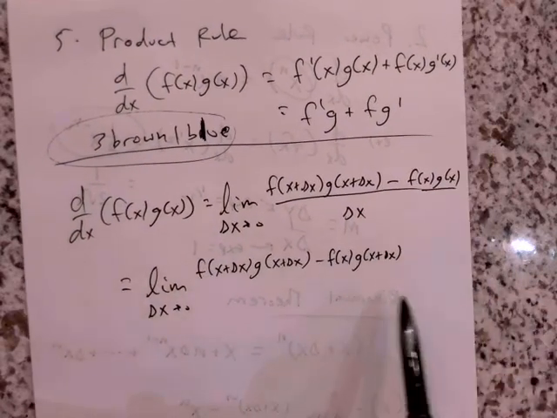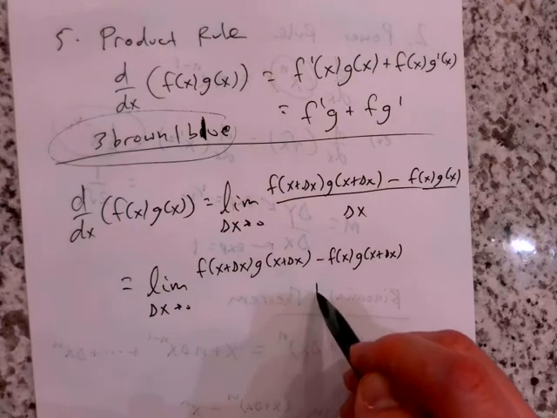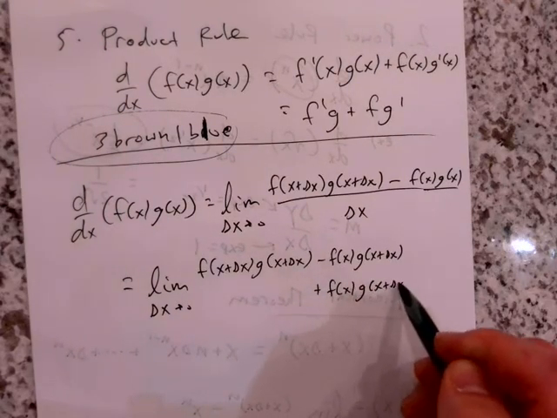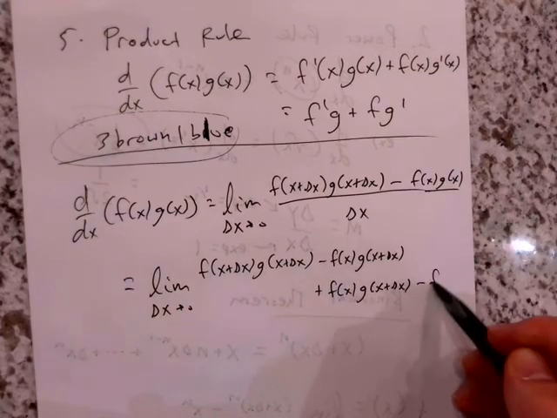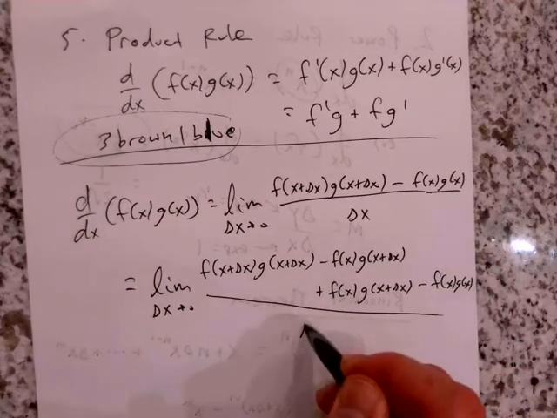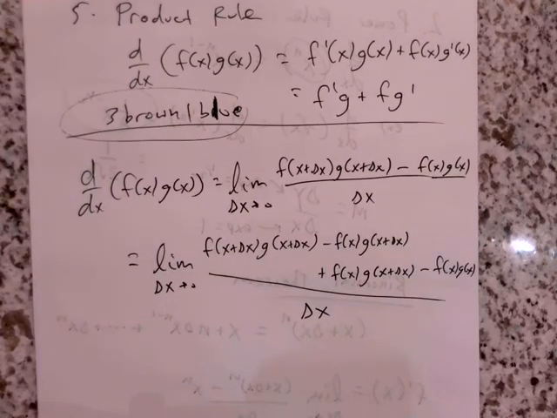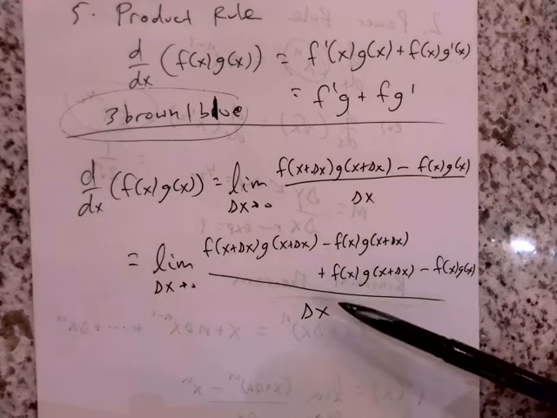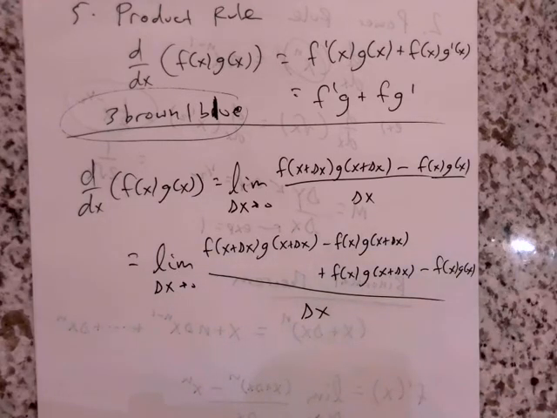I wish I had scooted this over a bit. I'm out of space. I'll continue down here. And then minus f of x g of x, all over delta x. A little bit sloppy, but hopefully you can see it's just one continuous line on top. So we subtracted it and then added it, which means we didn't change the value of the expression at all.